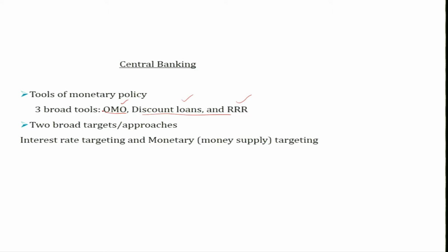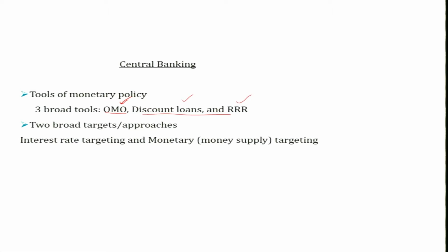There are three tools. One is open market operation, that is, open market purchase or sale of government securities by the central bank, involving the central bank and the commercial banking system. Then come discount loans, which means the central bank giving loans to commercial banks.